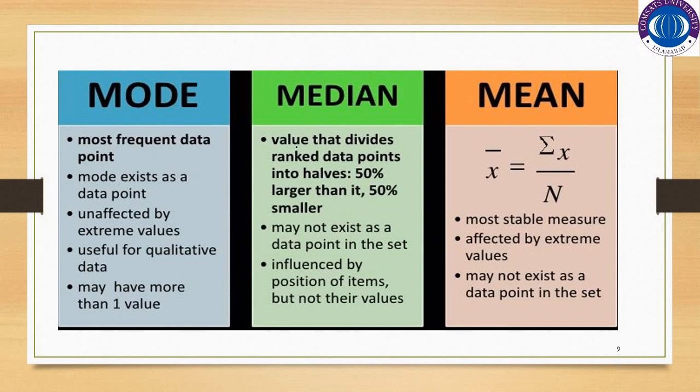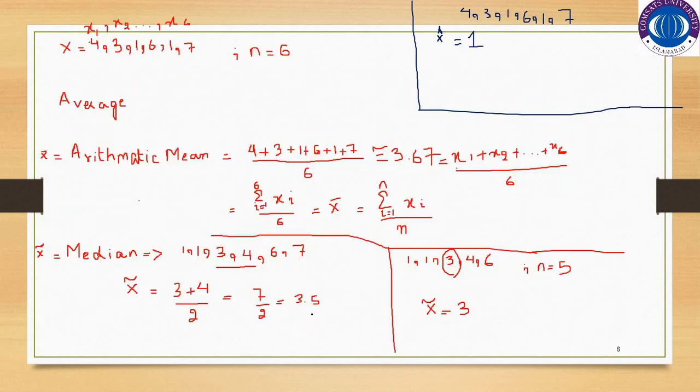Median is the value that divides ranked data points into half, that is 50% larger than it and 50% smaller, and it may not exist as a data point in the set. As you can see, the median is 3.5 in this case. So this 3.5 is not in the data set.